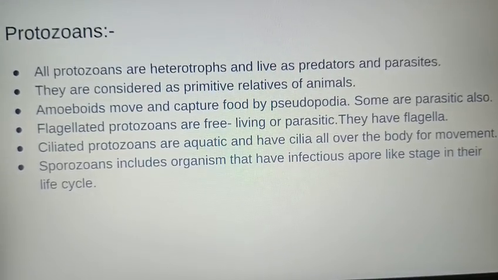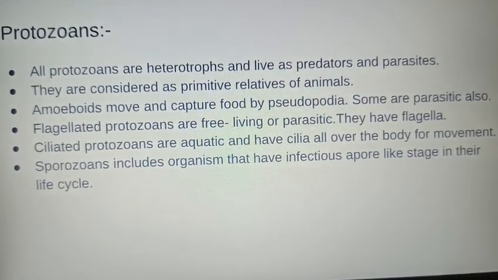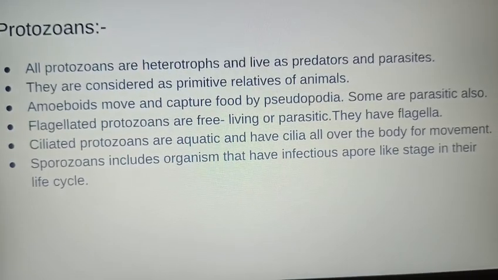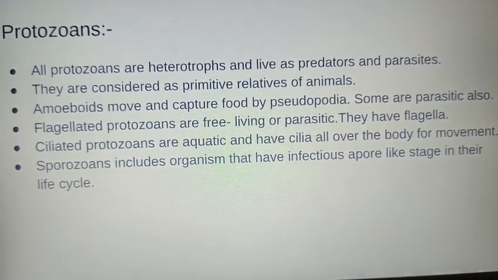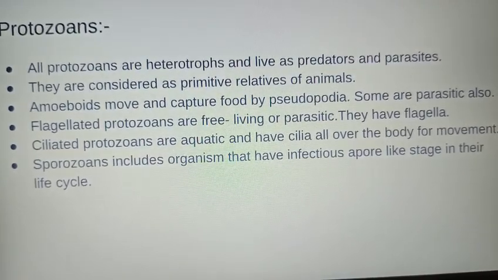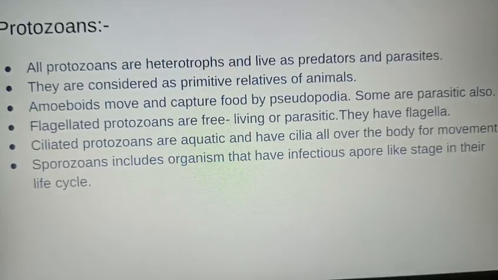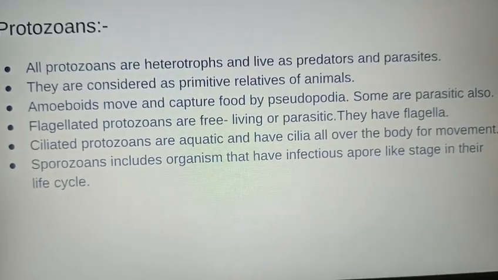Okay. Amoeboids move and capture food by pseudopodia. Some are parasitic also. Flagellated protozoans are free living and parasitic. Those protozoans which have flagella, they are free living and they are parasitic.